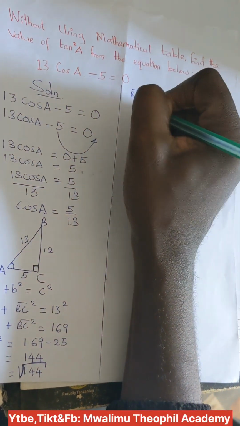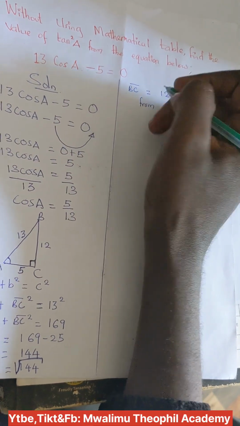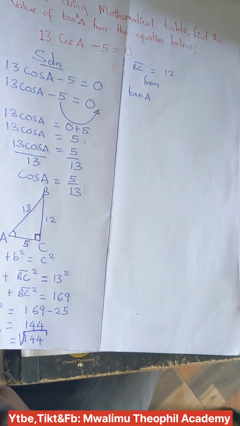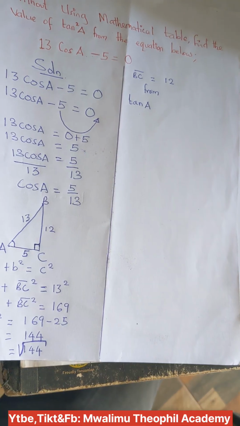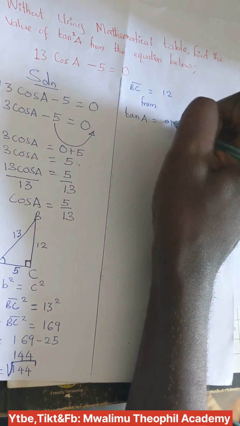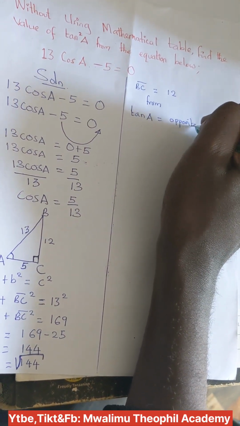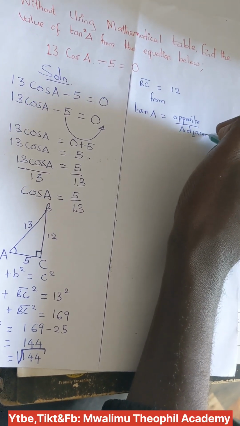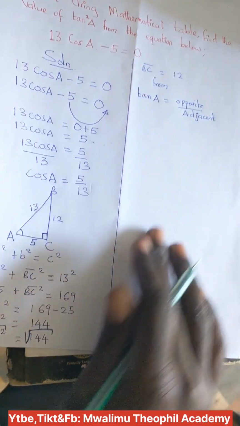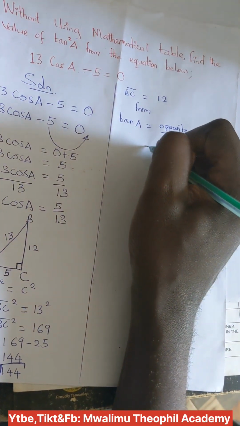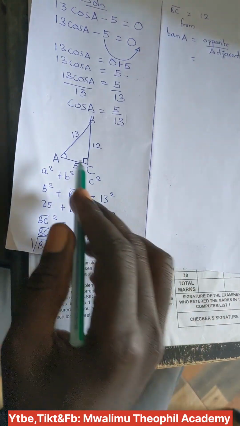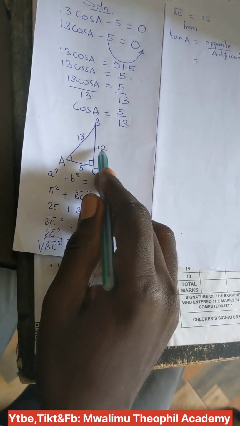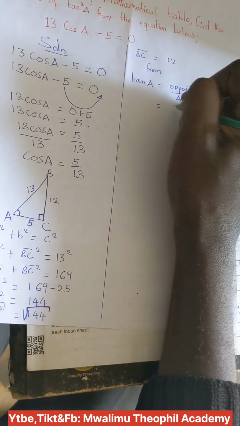We know that tan A, the tangent of an angle, is equal to opposite divided by adjacent. Our angle of reference is angle A, so the opposite side to angle A is 12, side length BC.